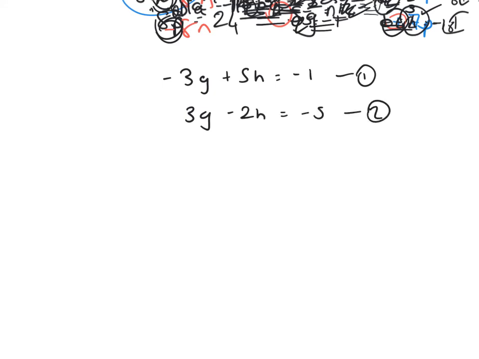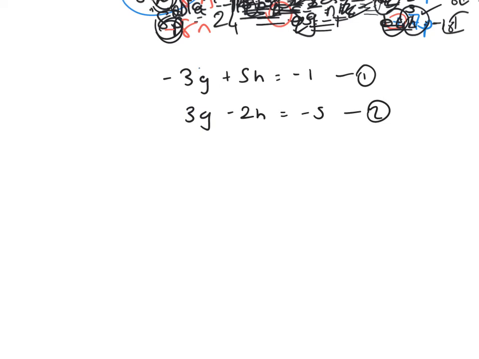Okay, let's try one more. Let's go for minus 3g plus 5h equals minus 1, equation 1. 3g minus 2h equals minus 5, equation 2.